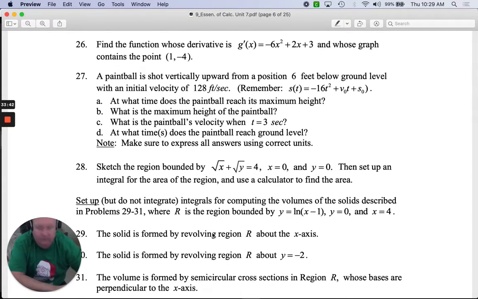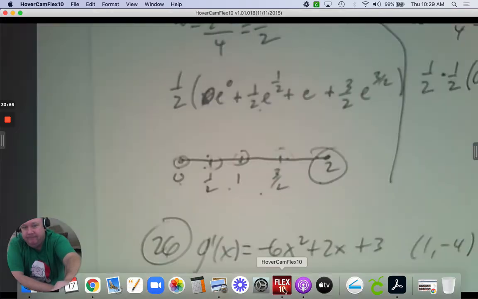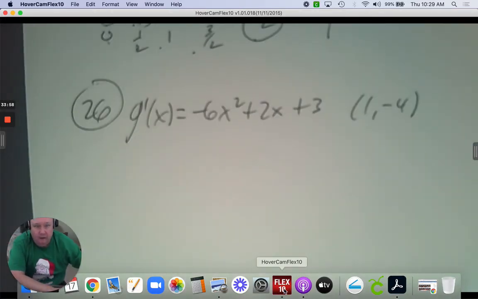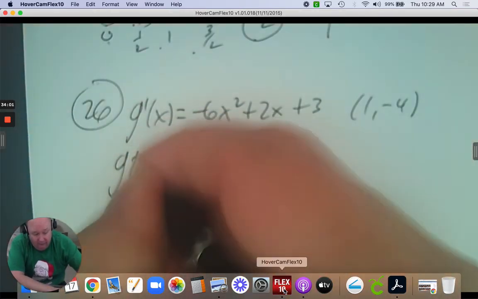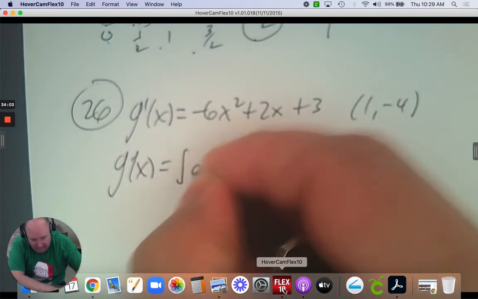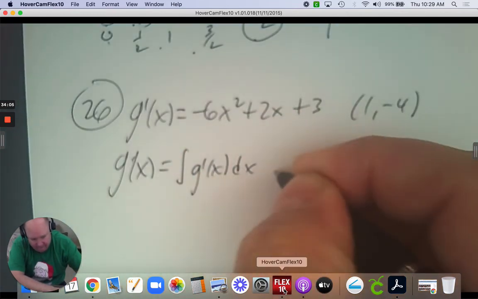Find the function whose derivative is negative 6x squared plus 2x plus 3, and whose graph contains the point 1, negative 4. So if I want to find the graph g at x, I need to integrate the derivative.